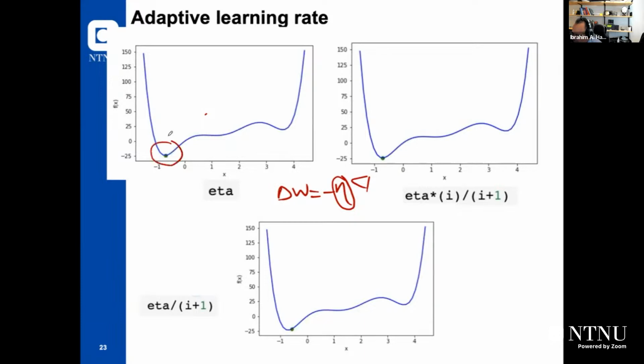Do you see here some oscillations? So we are oscillating around the optimum. So can you see? We are moving, and we have some oscillation here, which is dangerous also, because if this eta is too high, you will keep oscillating across this optimum value, and you will not be able to converge.